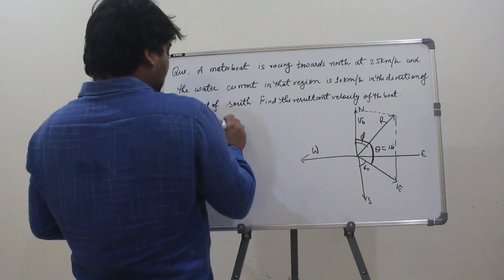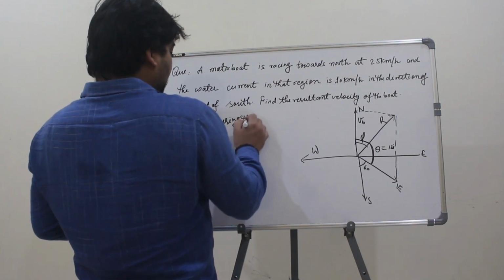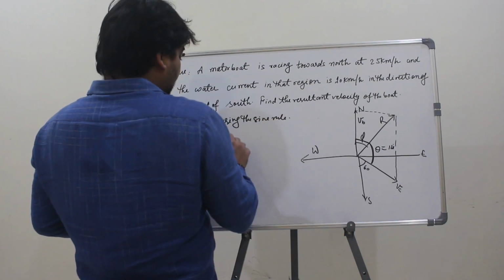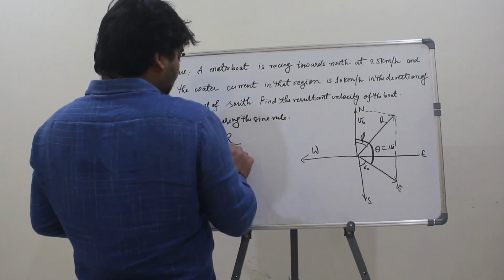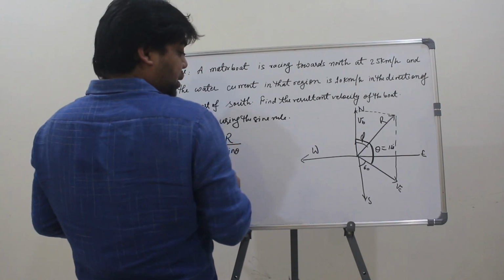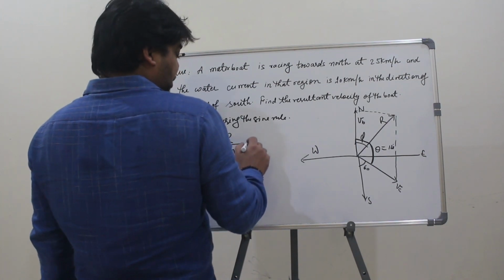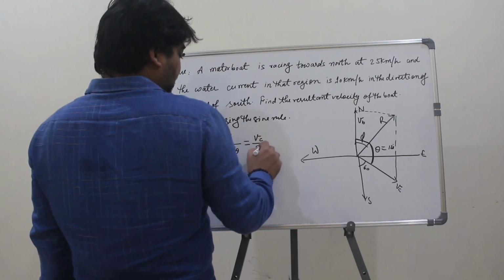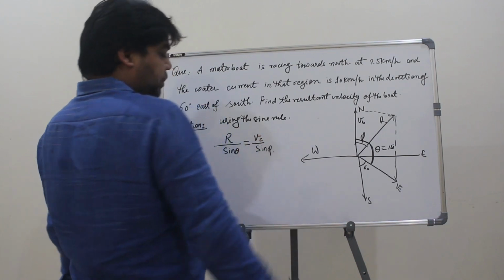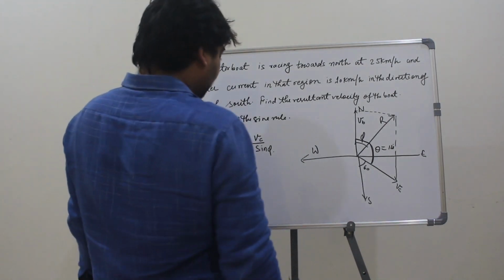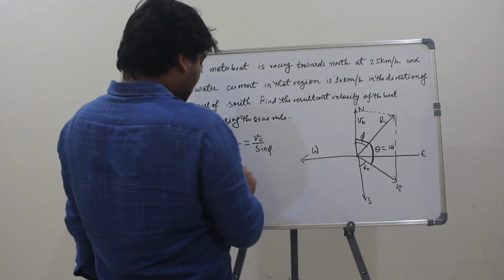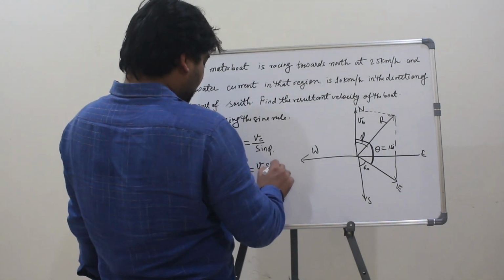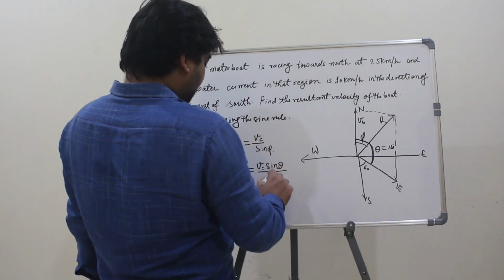So using the sine rule, we can write that R divided by sine theta equals VC divided by sine phi. Right? So sine phi is what? It is VC sine theta divided by R.